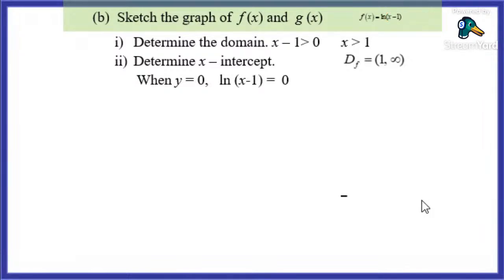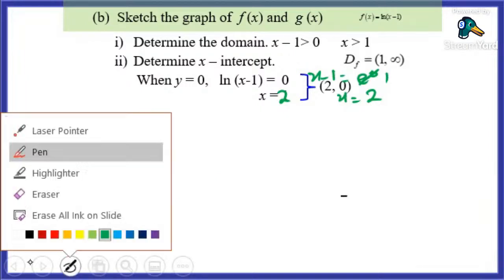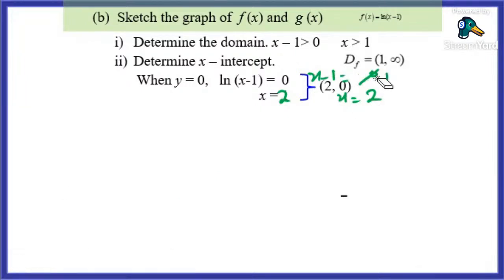So x minus 1 equals e to the power of 0, which is equal to 1. So x is equal to 2, right? Correct? 2. I wrote the point wrongly there. So 2.